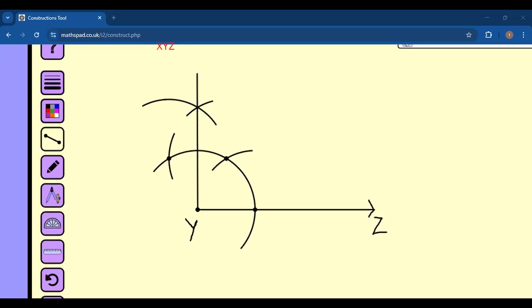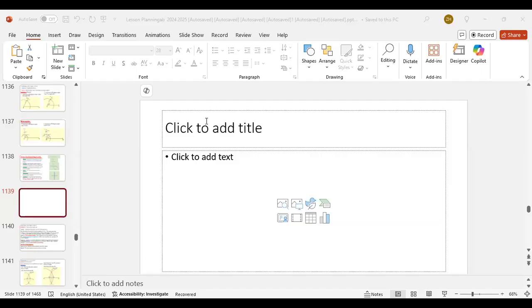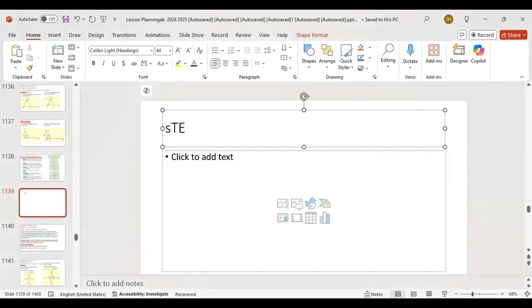Okay. So the first thing we're gonna do in order to bisect the line is first draw the line. Let me share my screen with you all. We're gonna call this steps for bisecting a line.